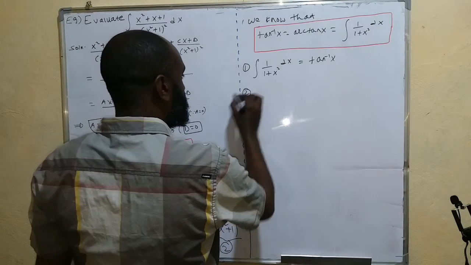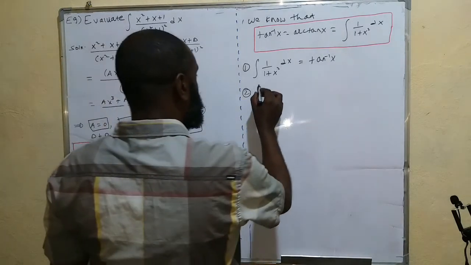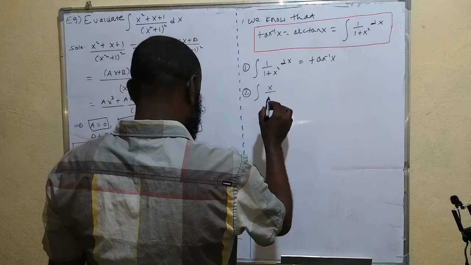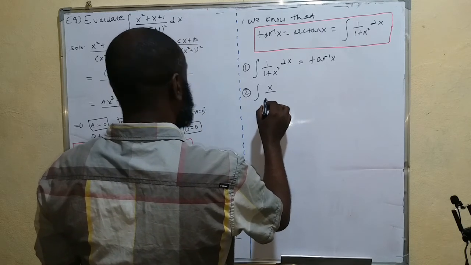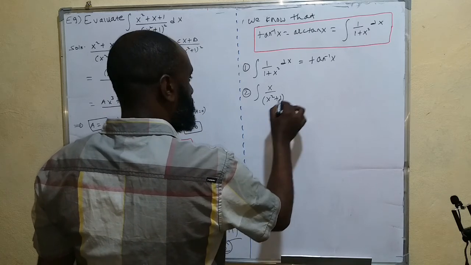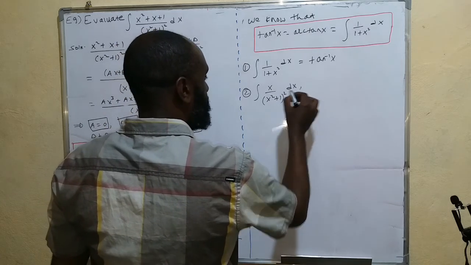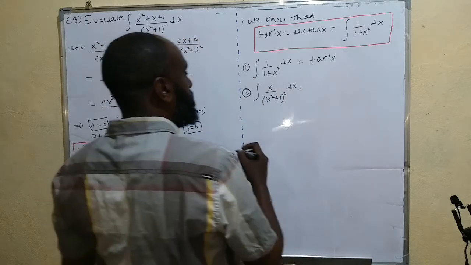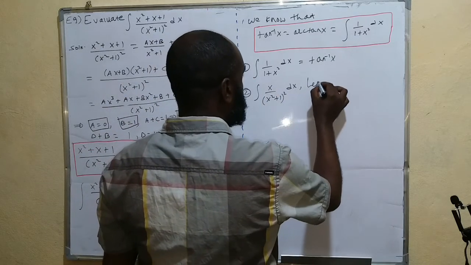From 2, we have x over x squared plus 1 the whole square dx. So this is not straightforward, but it is easy.